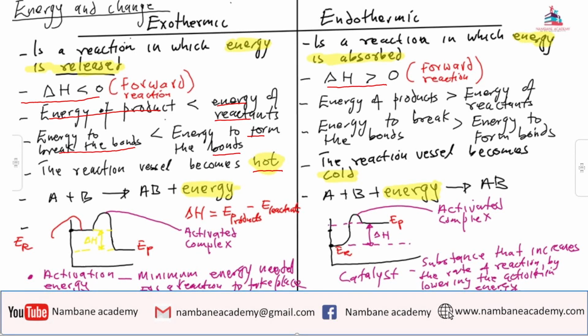So when the examiner asks how the yield of products will be affected if there's a temperature increase or temperature decrease, the fact that we know for certain, with 100% assurance, that the reaction is exothermic means we can assign that to Le Chatelier's principle in terms of the factor, which is temperature.